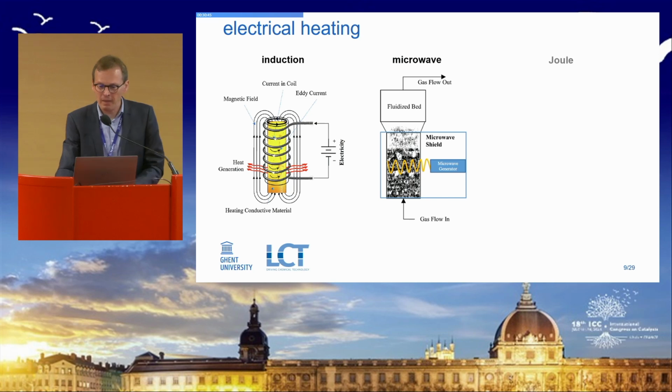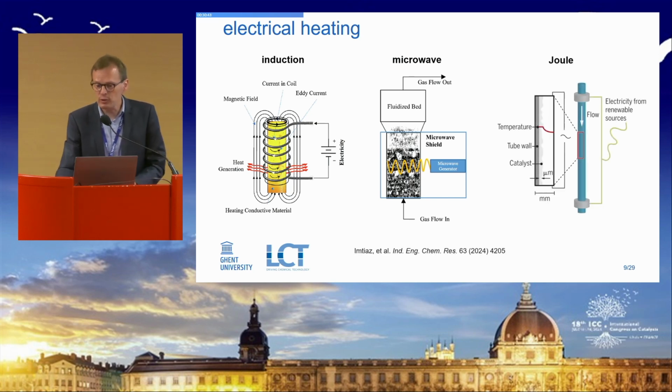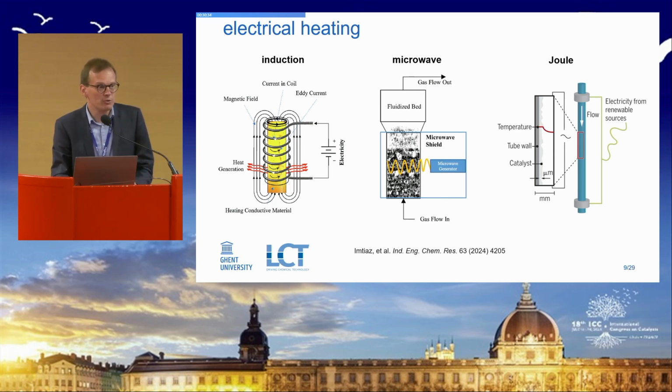And then there is joule heating, maybe the most conventional way of using electricity to generate heat, where you make use of the resistive properties of the material, conductive and resistive properties at the same time, in order to generate the necessary heat. Other possibilities, but a bit more exotic still at this stage, are sonication and plasma.